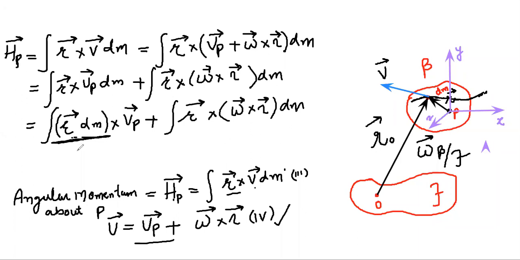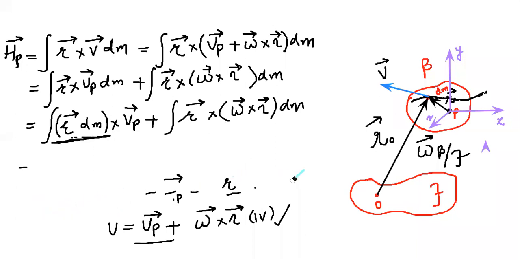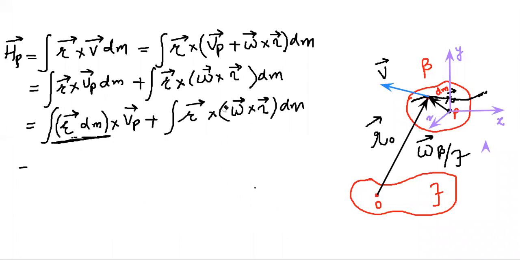If you recall from the previous cases when we were talking about angular momentum in two dimensions in kinetics, in the initial classes, we said that from point P to the center of mass we write the distance r PC. The distance from point P to the center of mass of this body is the integral of r dm divided by the integral of dm.